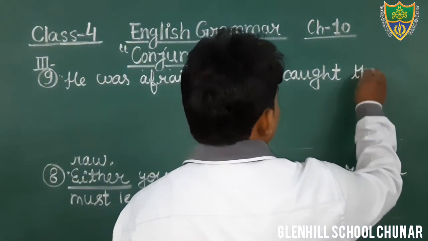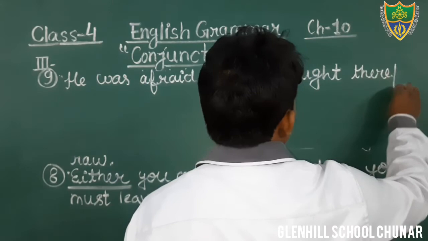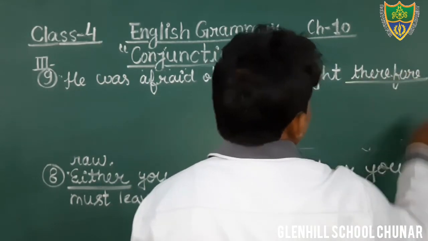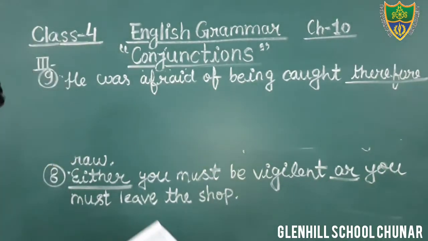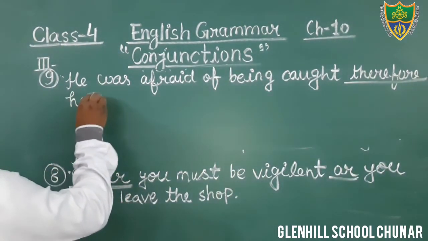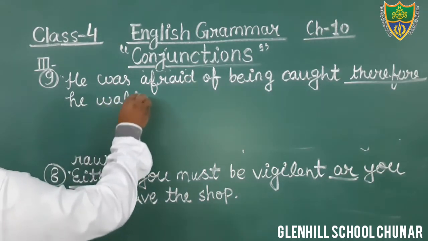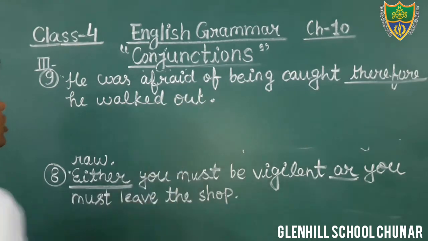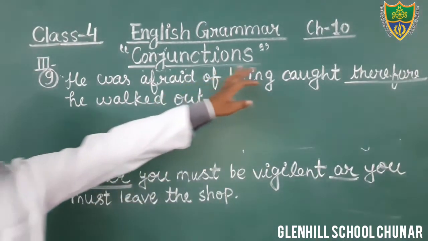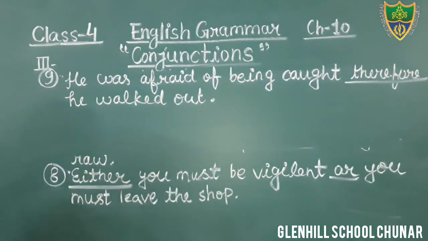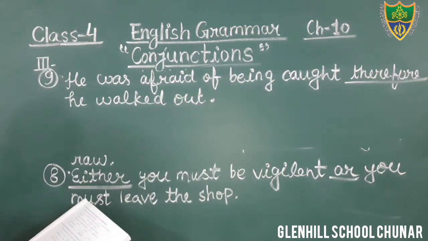Yes, friends, we will use the conjunction therefore. T-H-E-R-E-F-O-R-E. Therefore, he walked out. Okay, just see the sentence. He was afraid of being caught. Therefore, he walked out. Come to the next question.